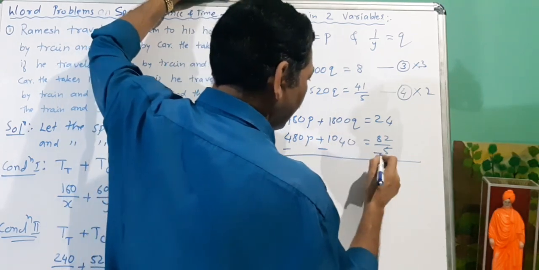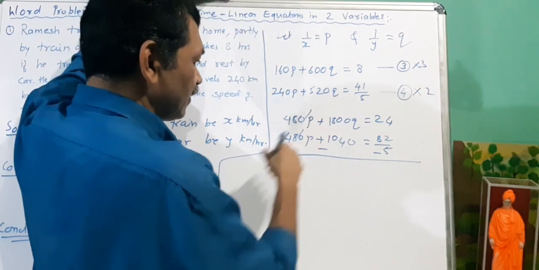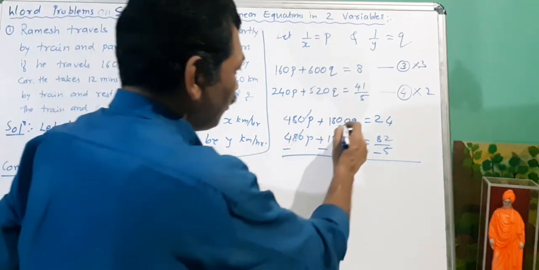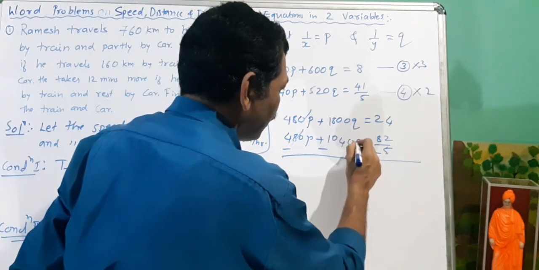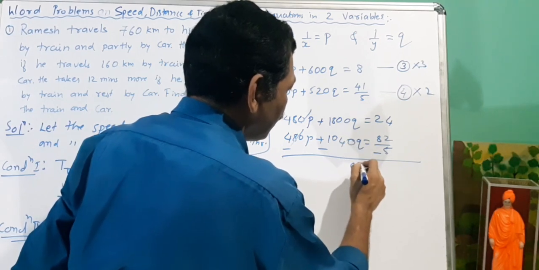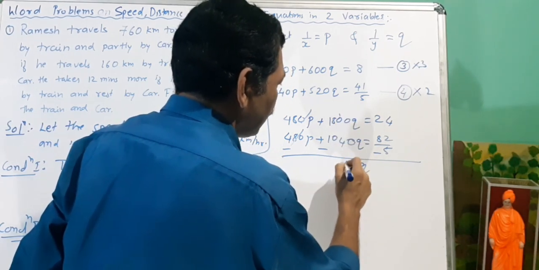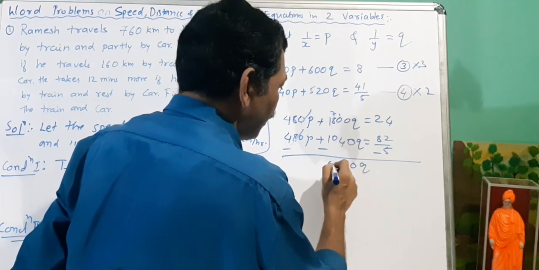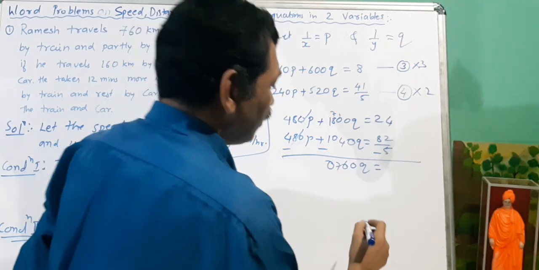Minus, this cancels. So why minus? We are subtracting it to eliminate p. So 480 minus 480 is 0, 1800 minus 1040 is 760, 24 minus 82 upon 5.